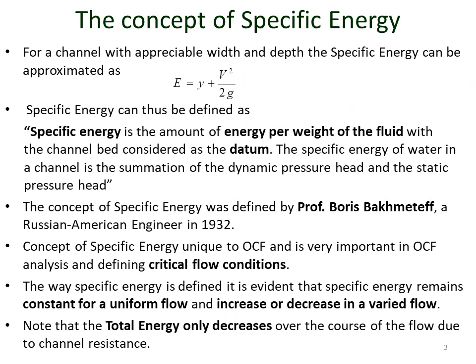Now, if we consider a channel with considerable width and depth, where the vertical velocity profile can be assumed to be more or less uniform, and the channel is prismatic, then the specific energy can be written as E equals Y plus V square by 2G, where alpha is approximated as 1.